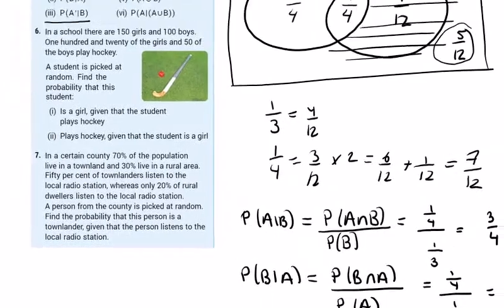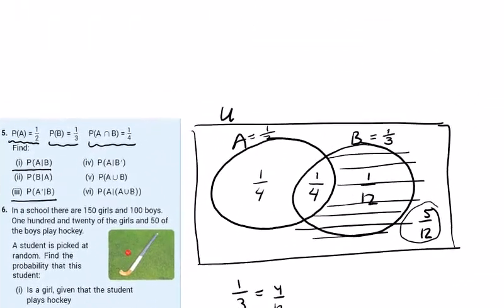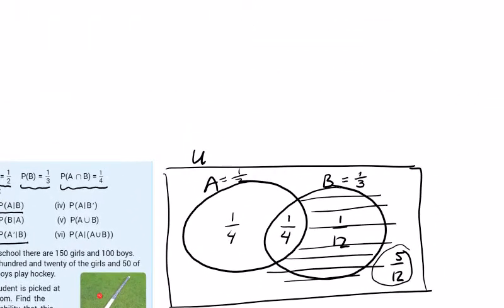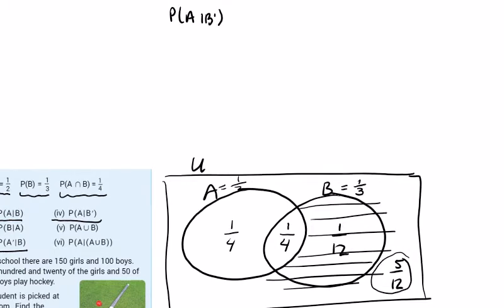There's a few of these, so if we go a bit, we can still see the diagram. So question 4, the probability of A given B complement is equal to the probability of A intersection B complement over the probability of the second one, B complement. So in that case, this is equal to A intersection B complement.